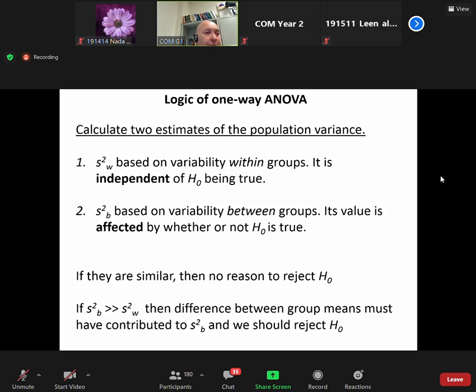Okay, so if the between groups variance is much greater than the within groups variance, then there must be some group differences, and that contributes to this S squared between, and we should reject the null hypothesis. It suggests that the means are different from each other, more than we would expect by chance.